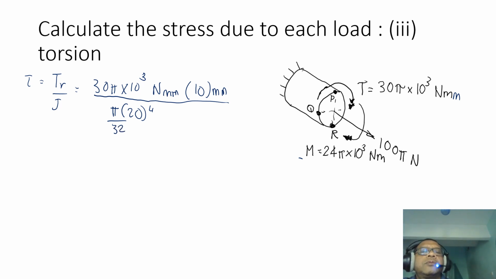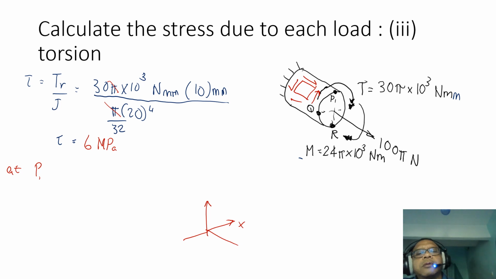Yeah, so you can calculate tau to be 6 megapascal, and you can draw the element there. Just follow the direction of the shear or the torque applied. So at P, I'm going to draw my X, Y, Z here.